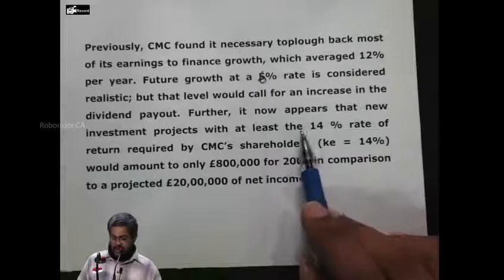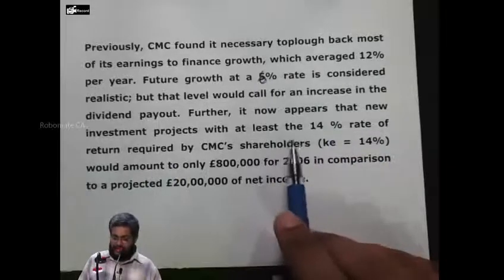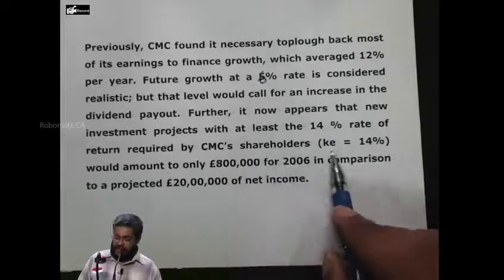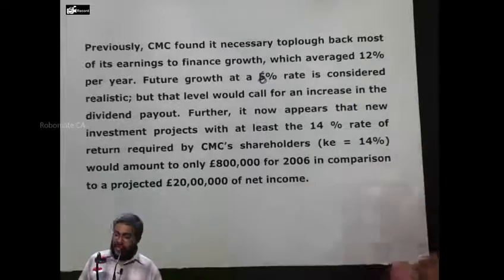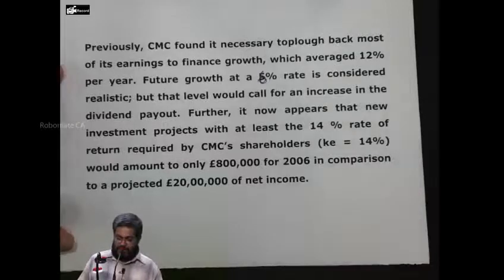Further, it now appears that new investment projects with at least the 14% rate of return required by CMC shareholders, Ke equal to 14%, would amount to only 8 lakhs for 2006, in comparison to projected 20 lakhs of net income.